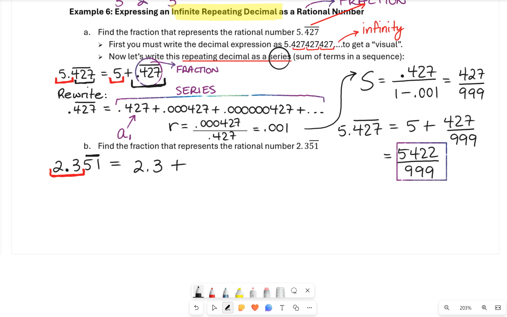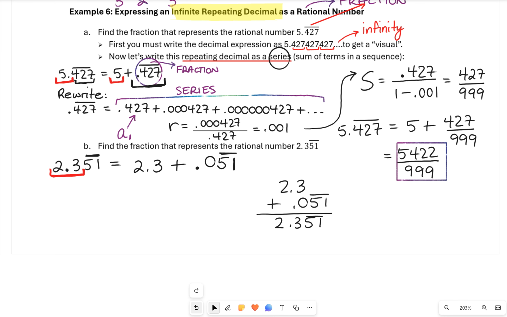Well, 2.3 plus 0.0, I have to put a placeholder, 51 repeating. To give you the visual, 2.3 plus 0.051 repeating is 2.351 repeating, which is the original problem. So make sure you are rewriting this correctly.